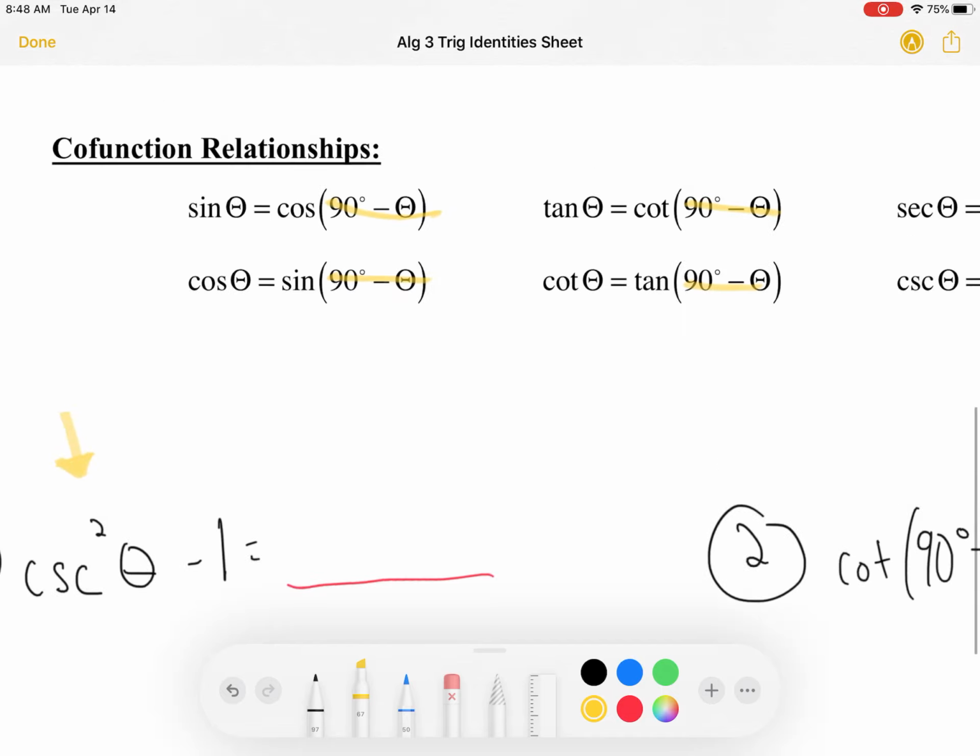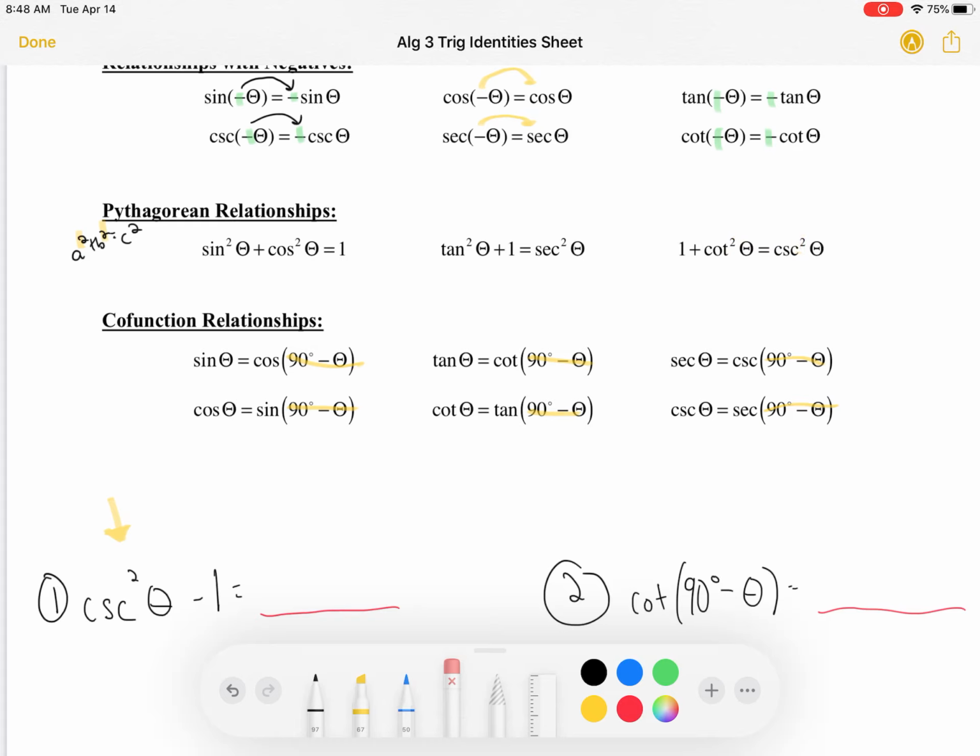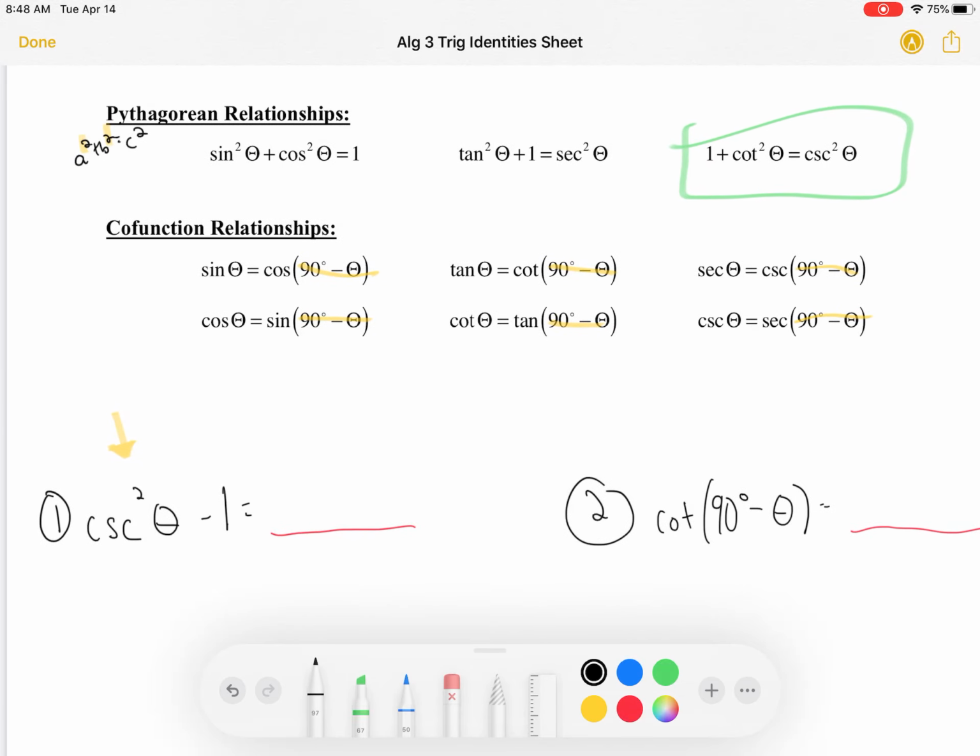So what I'm going to do now is I'm going to say, okay, where is cosecant squared on my trig relationships sheet? Hopefully you're saying, oh, well, that's right here. So what I would do then is I would rewrite this basic trig function. So what does it say on the trig relationships sheet?